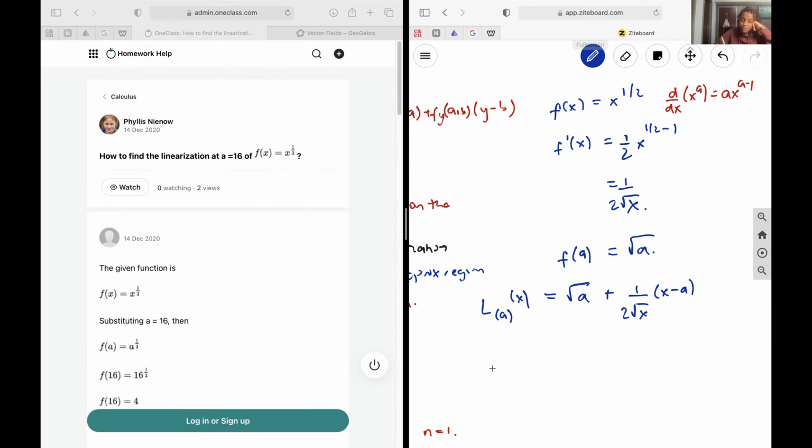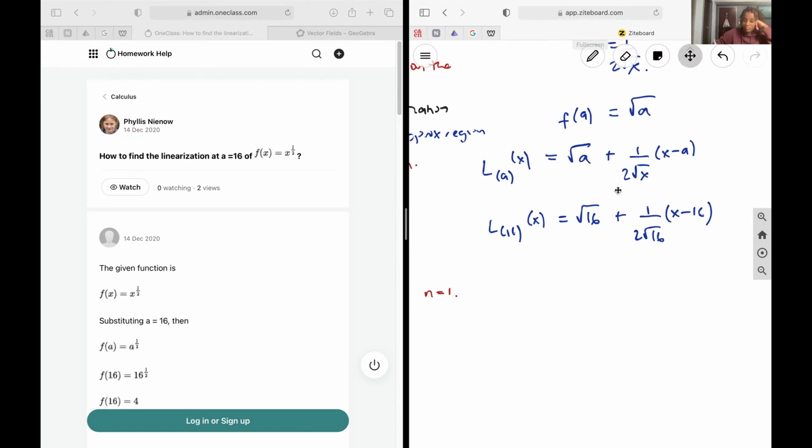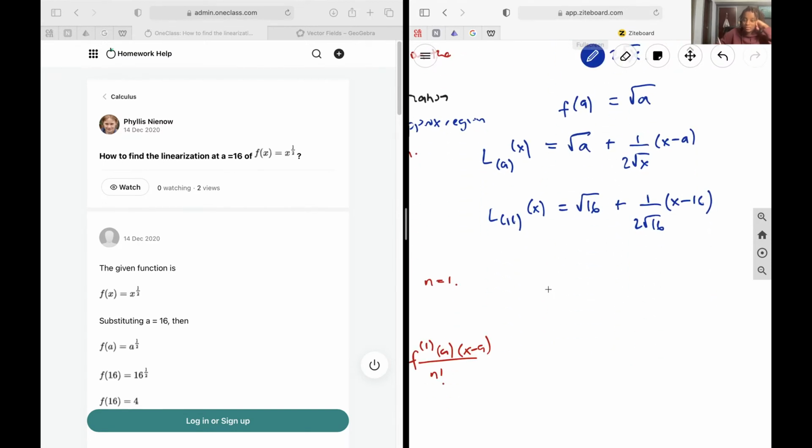And so if we want to use the point 16 is what we're using as our point, it would be root 16 plus 1 over 2 root 16, x minus 16, since that is our point.